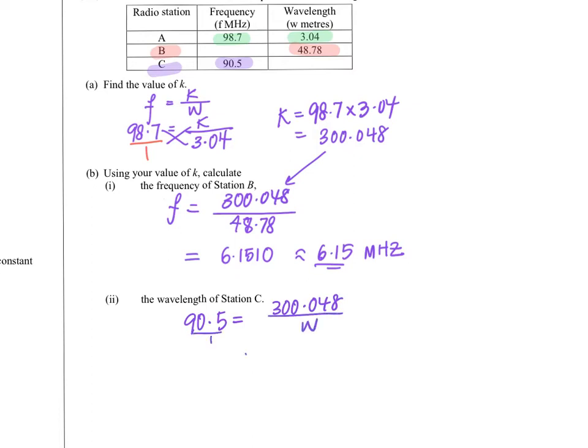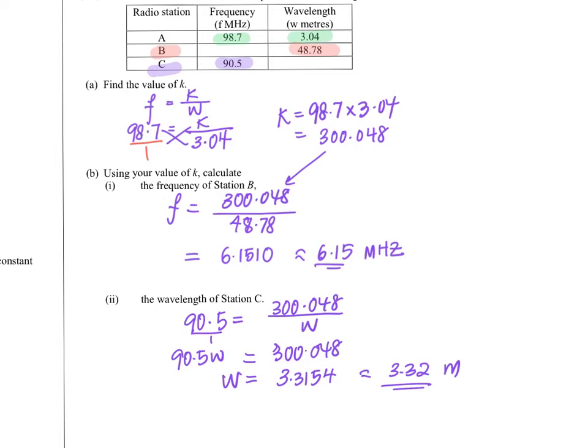So we are going to cross multiply, and then divide to find w. And that will give us the answer 3.32 meters, rounded off to 3 significant figures. Have you gotten the answer? Now these are some of the concepts for direct and inverse proportion.